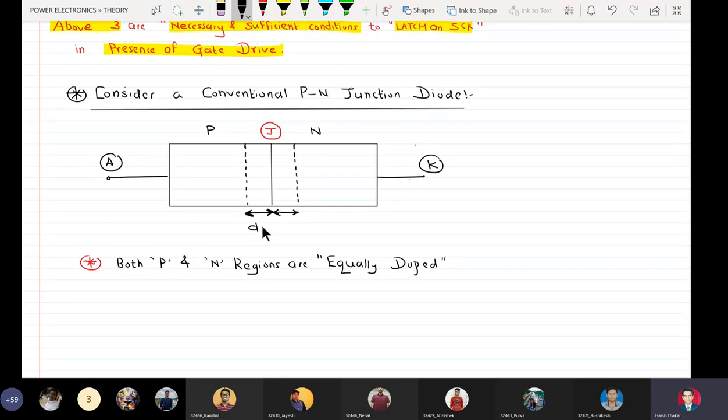If I say that this width is W1, and this is W2, can you tell me whether W1 will be equal to W2, W1 will be greater than W2, or it will be less than W2?